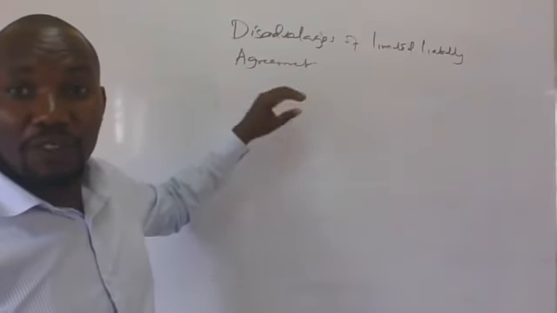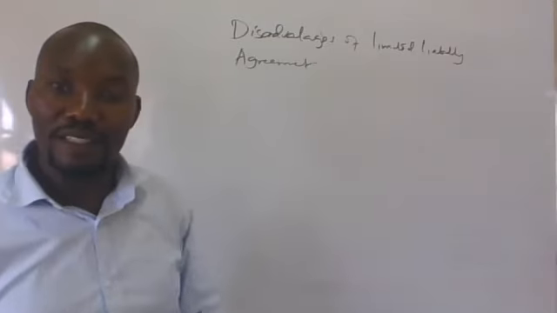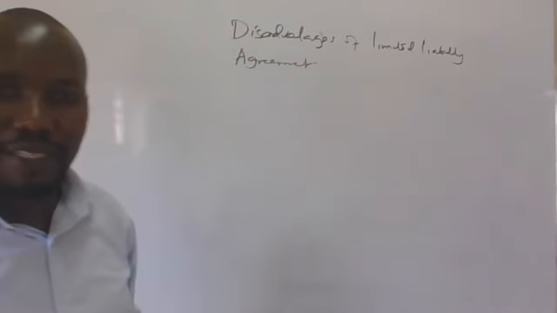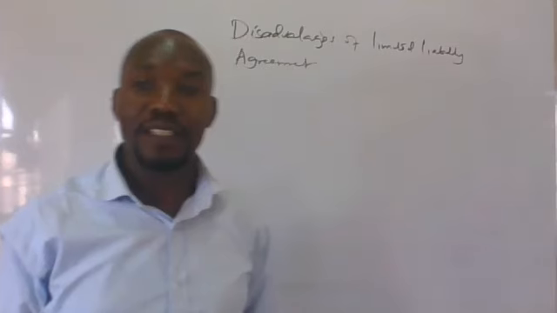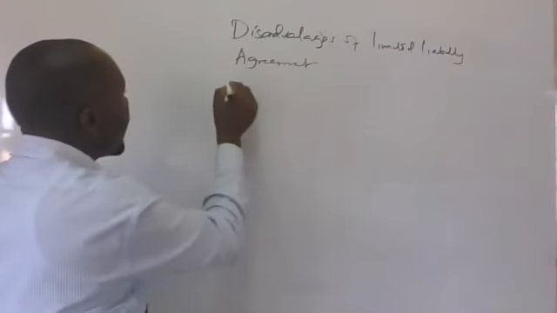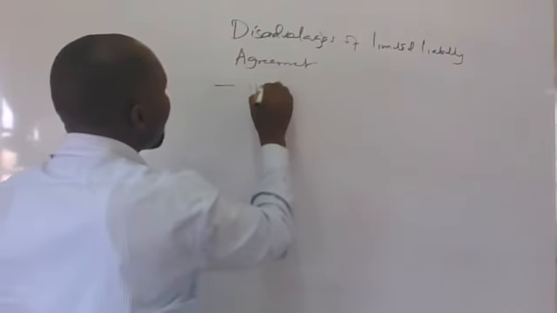One of the advantages, we know the advantage is that it reduces your risks. It reduces the auditor's risk or auditor's liability. That is one advantage. But what is the disadvantage? One, it will impair the quality of audit work.